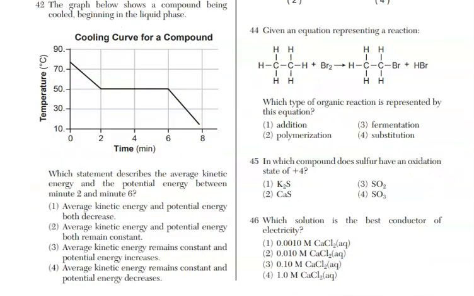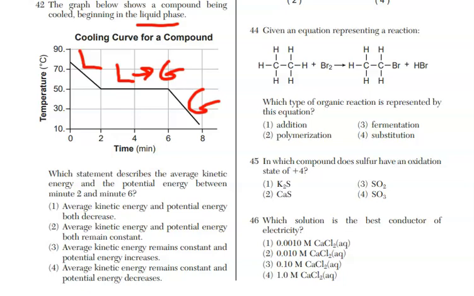For 42, we're dealing with a cooling curve, and it says that it's beginning in the liquid phase. I always recommend that you mark up the cooling or the heating curve before you go to the questions. So we started with the liquid phase. Then we went from a liquid to a gas, and then just a gas.